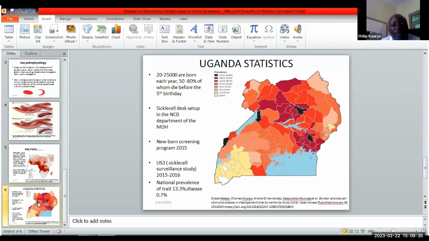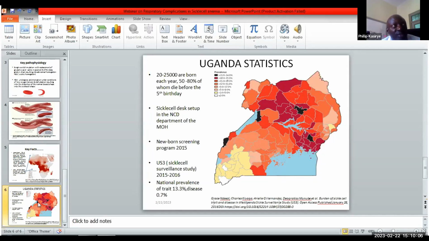As far as Uganda is concerned, earlier estimates put figures at around 25,000 newborn babies born each year with sickle cell disease, and 50 to 80% of these die before the 5th birthday. Of course, the figures are improving with improved care and nutrition, but these are the earlier stated figures.